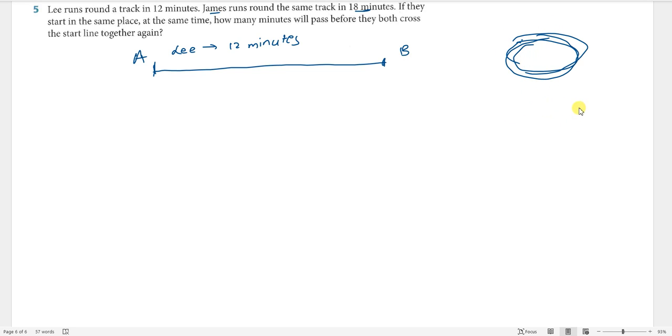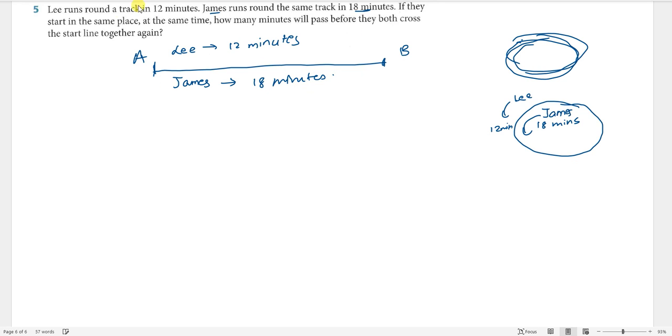Okay, let's draw it properly. This is the track. So Lee takes 12 minutes, and James takes 18 minutes.